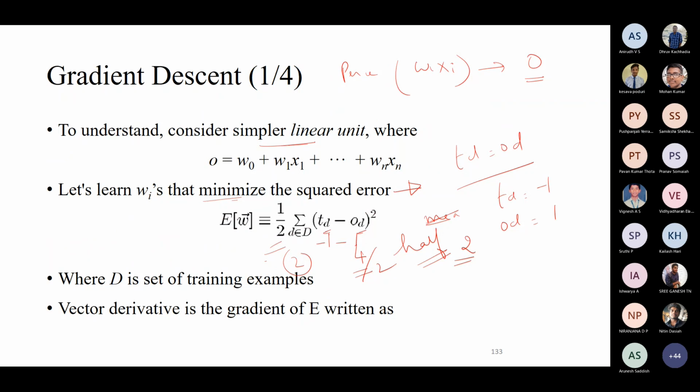So what you do is, you do not simply call it T minus O. Just now I said delta Wi will be eta into T minus O into Xi. Now this is simple: you have to find out for every input the corresponding weight vector modification and then apply that.